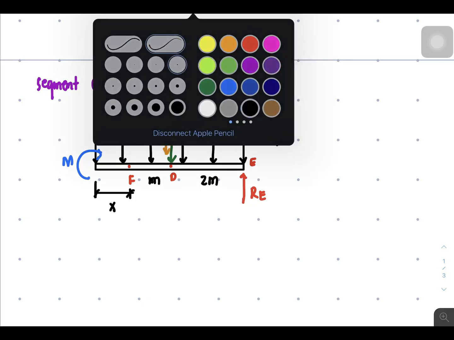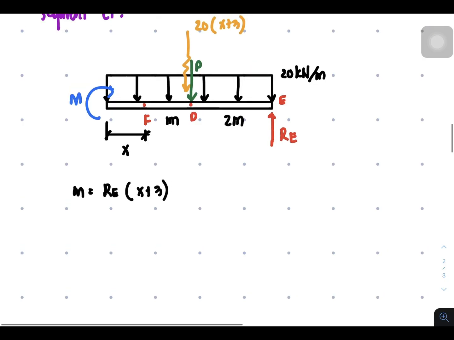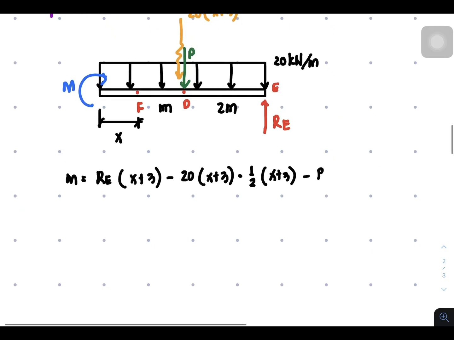So with that, get now the moment equation. So M equal to RE times x plus 3 minus 20 x plus 3 times 1/2 of x plus 3 minus P times x plus 1.